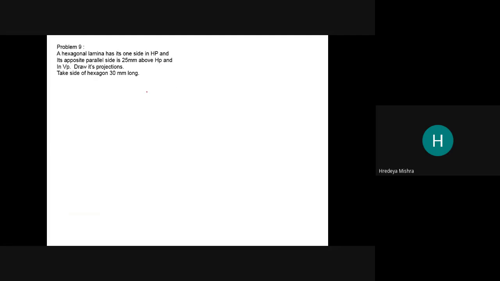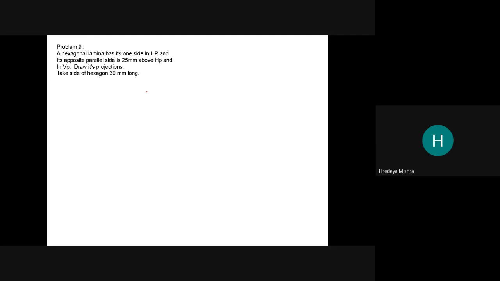A hexagonal lamina has one side in the horizontal plane and its opposite side, parallel to that side, is 25 mm from the HP, or we can say above the HP, and in the vertical plane. So draw its projection. Take the side of the hexagon as 30 mm long.